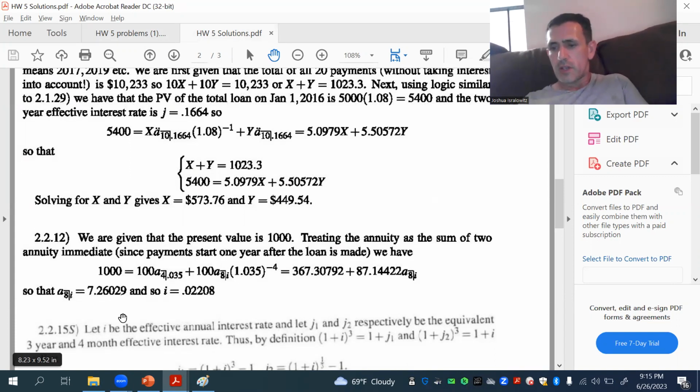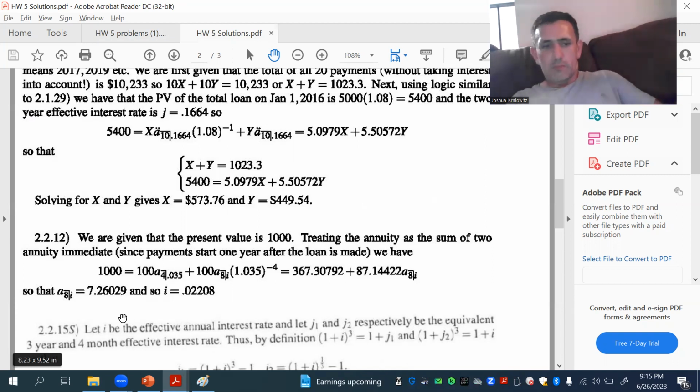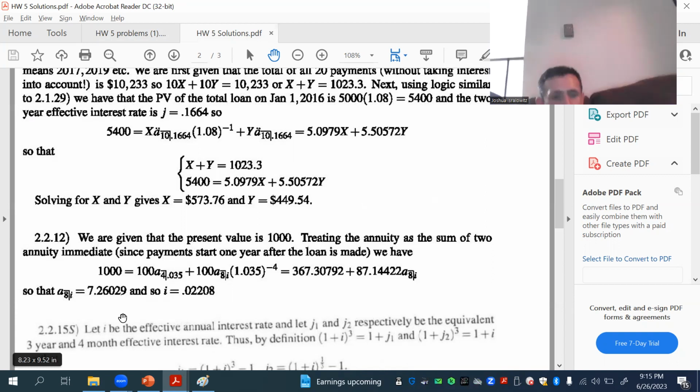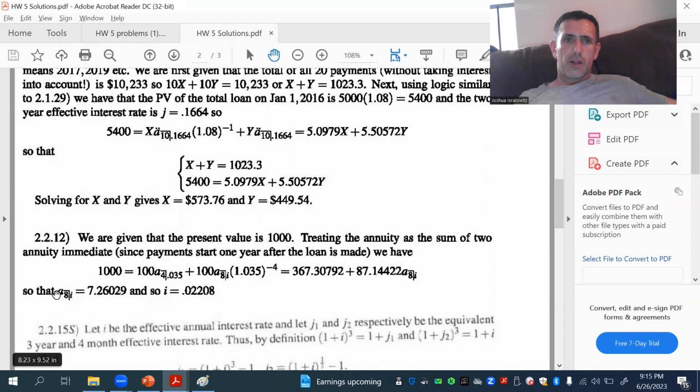The key thing to remember is to either make the payment of one positive and the present value negative, or the present value positive and the payment of one negative.